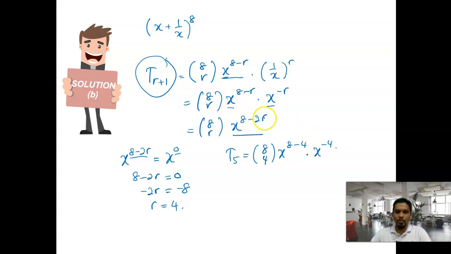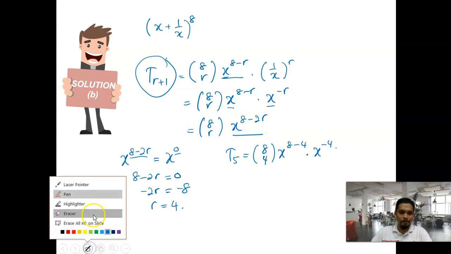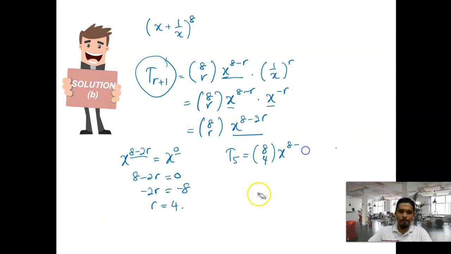X to the power of 8 minus 2r, 2 times 4 equal to 8. Okay, so 8C4. 8 factorial divided by (8 minus 4) factorial, which is 4 factorial, and 4 factorial, which is 8 times 7 times 6 times, okay, we have no enough space here, sorry.